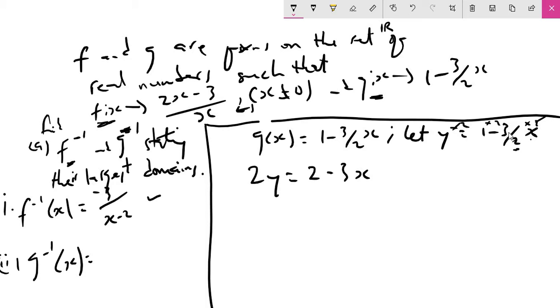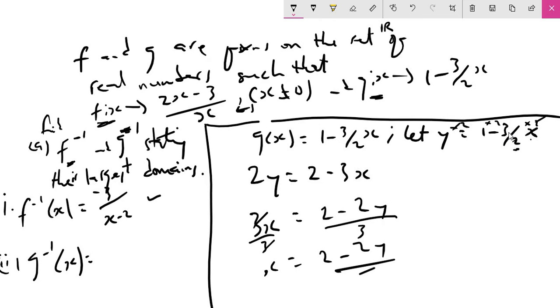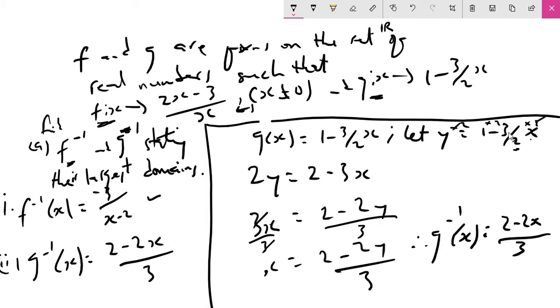Alright, now we make 3x the subject. So this gives 3x equals 2 minus 2y. And so we divide by 3. So x equals 2 minus 2y divided by 3. Therefore, g inverse of x equals 2 minus 2x over 3. So this is 2 minus 2x over 3.